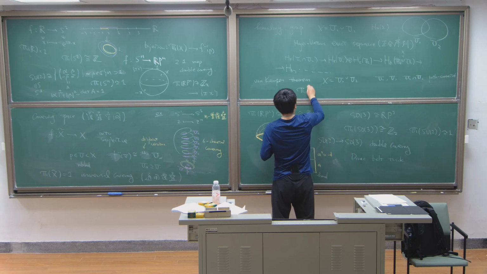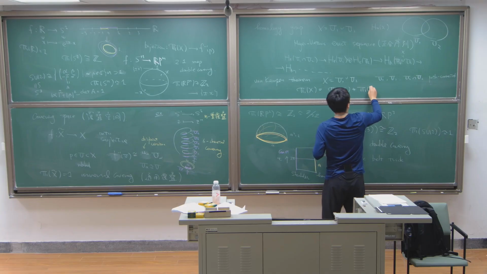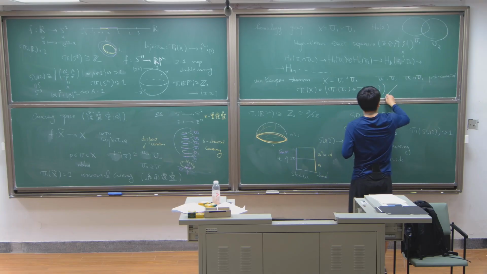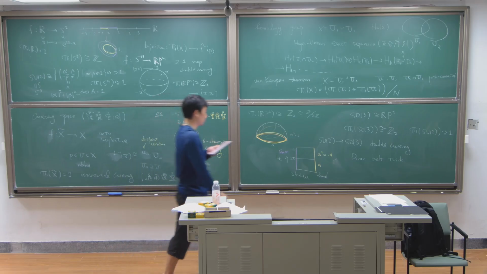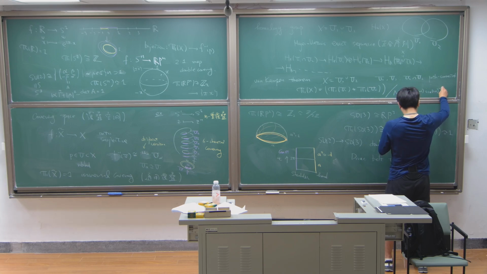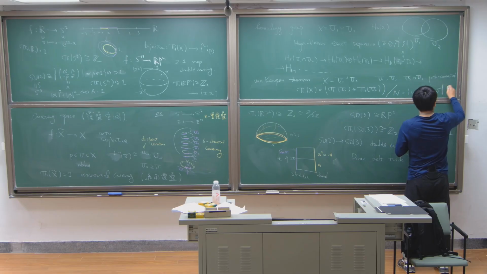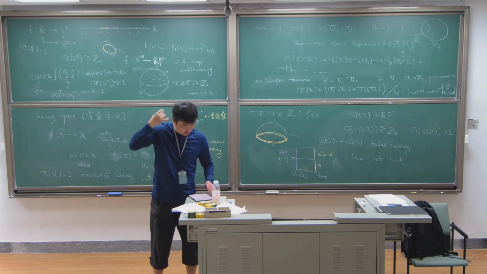Then pi 1 of X is the free product of pi 1 of U1 and pi 1 of U2, modulo the normal subgroup generated by i1 star of omega times i2 star of omega inverse, where omega is inside pi 1 of the intersection of U1 and U2.